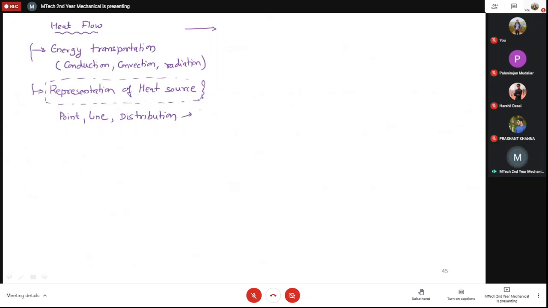The distribution can be spatial. Whether it is circular, rectangular, elliptical, or oval shaped, how it is distributed in the xy space, that is what we will see as the spatial distribution.